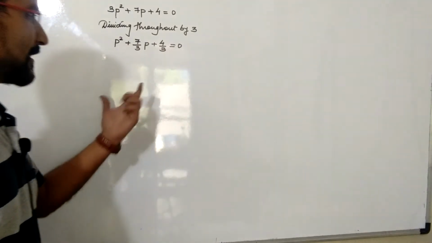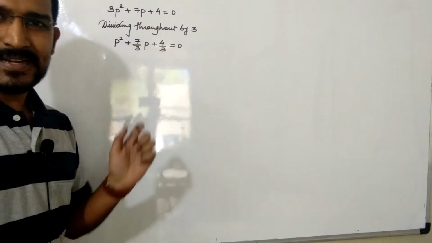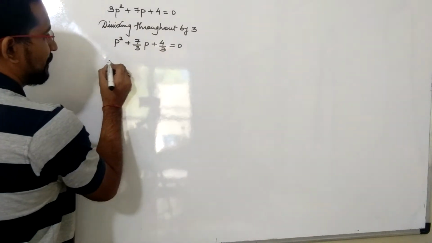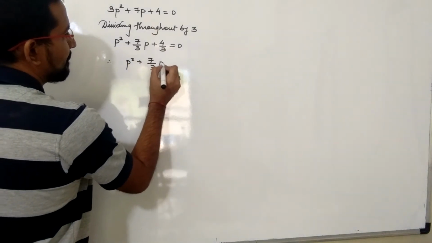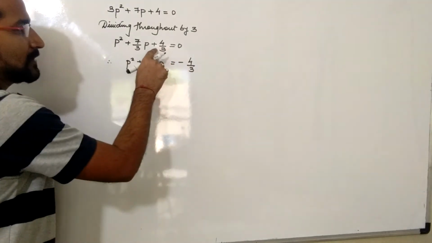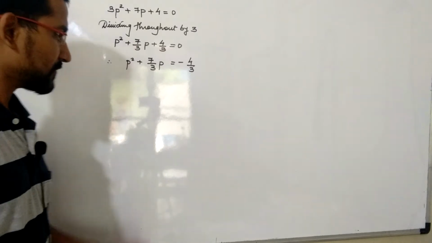Now, the next step is to shift the constant term to the right hand side. Therefore it will become p square plus 7 by 3p is equal to minus 4 by 3. So plus 4 by 3 is a constant term, and we shifted it to the right hand side.